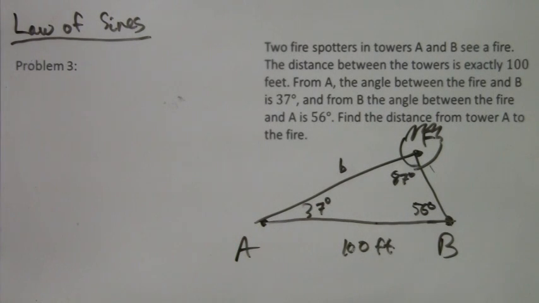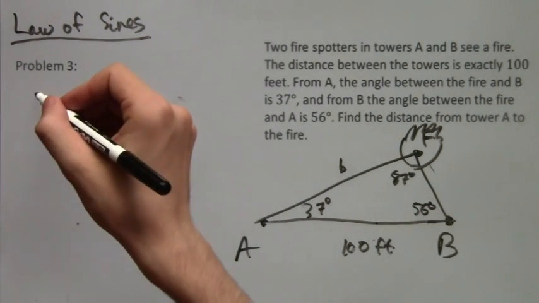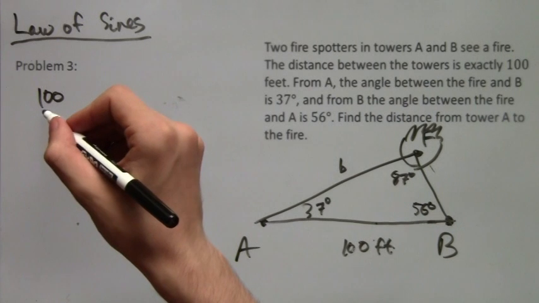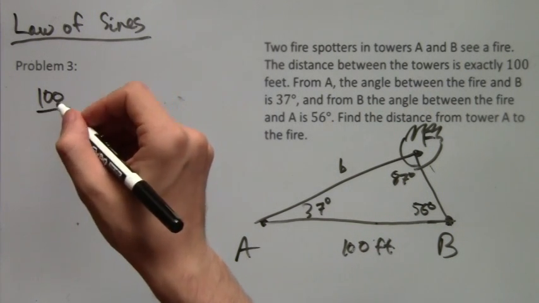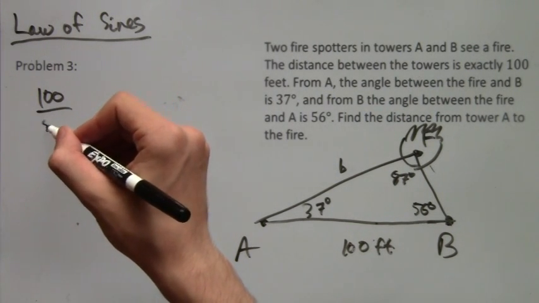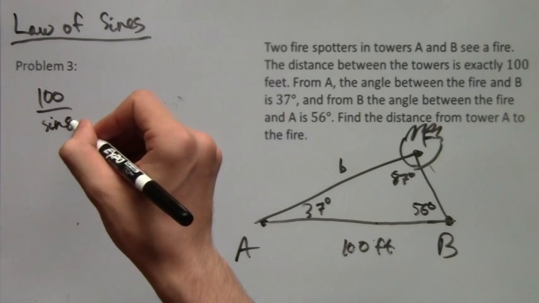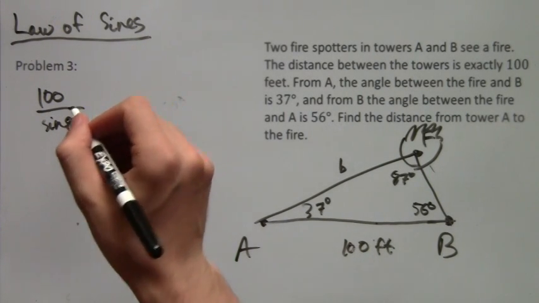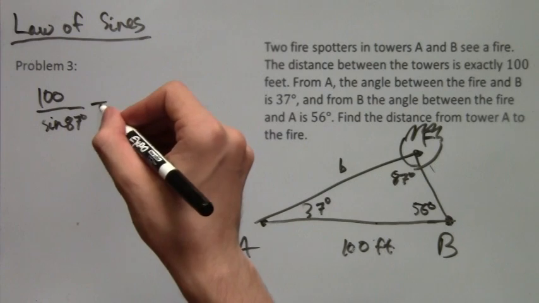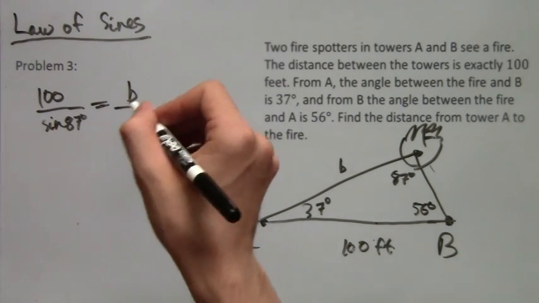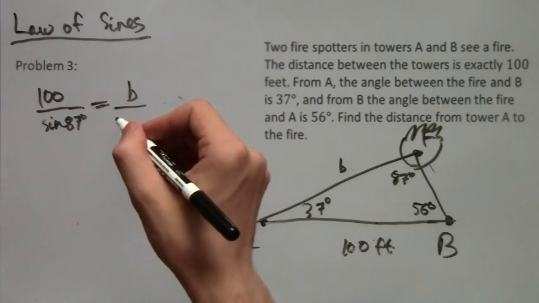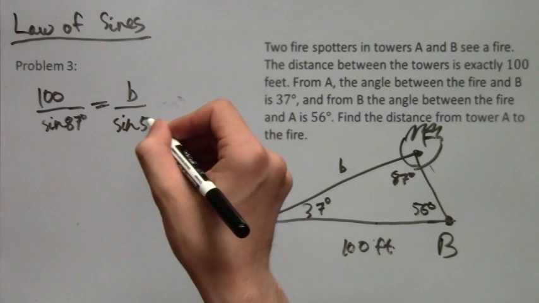Great. So now that we have this angle, we're going to apply the law of sines. We have 100, and I'm just going to keep the feet out for now. We'll put feet on our answer. 100 over sine of 87, the opposite angle, is equal to b, and the opposite angle from b is 56 degrees. So it's sine of 56.